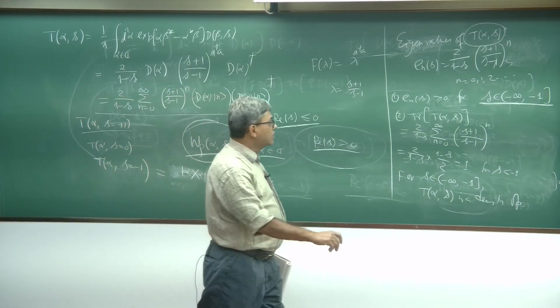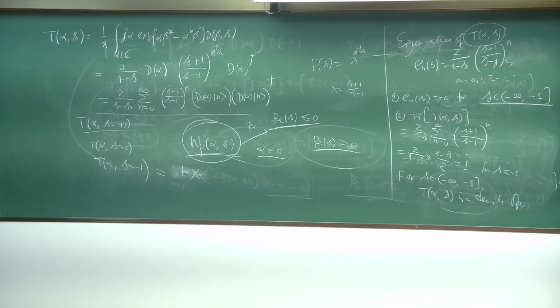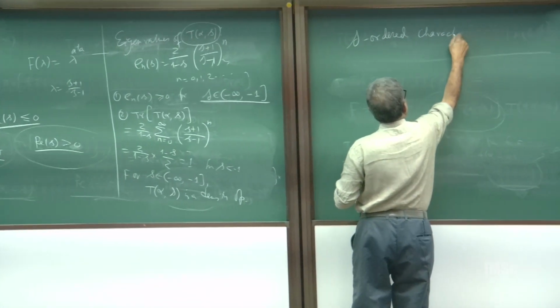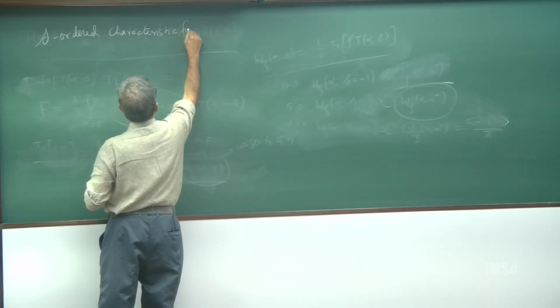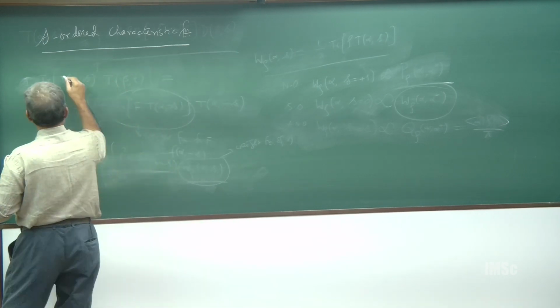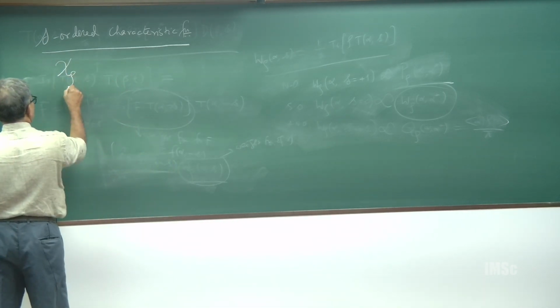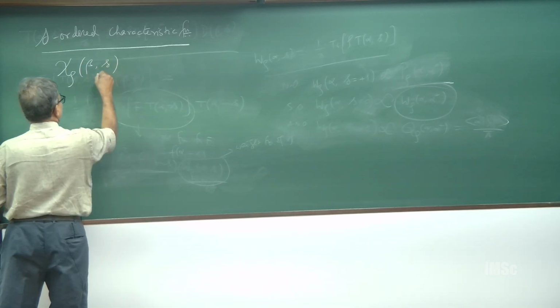So, this is the definition, the S ordered characteristic function, which I will call chi rho beta and then S.